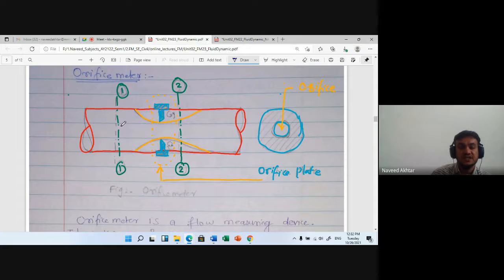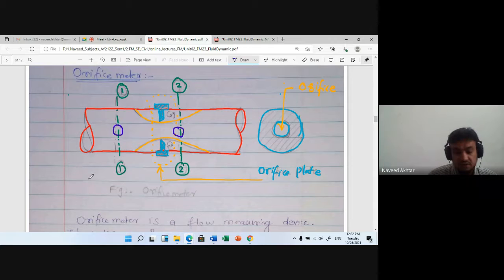The pressure measuring devices are installed at section number 1 and section number 2. At section 1, it may be 0.9 to 1.1 diameter, and at section 2, the diameter varies from 0.2 to 0.8, that is d2 upon d1.